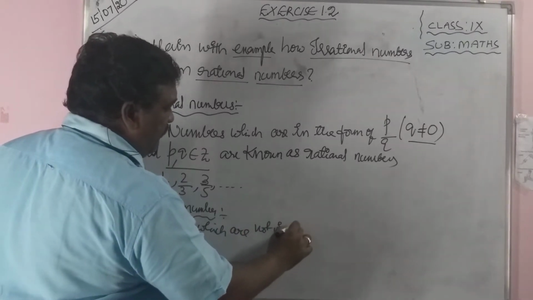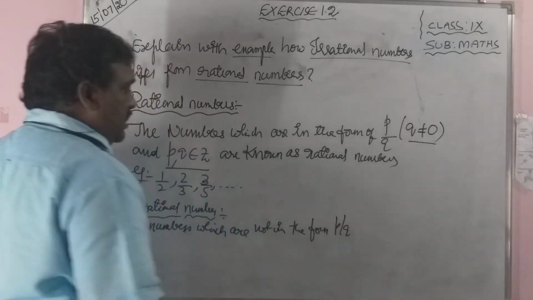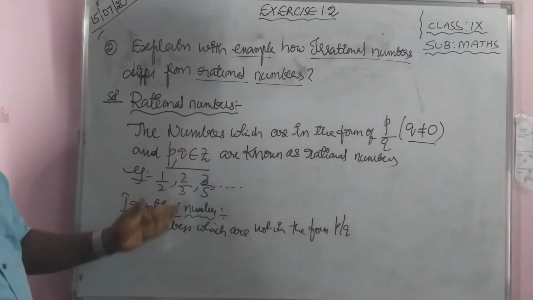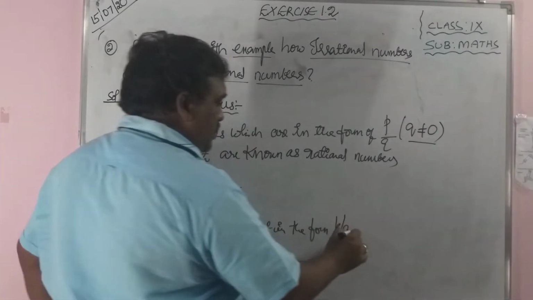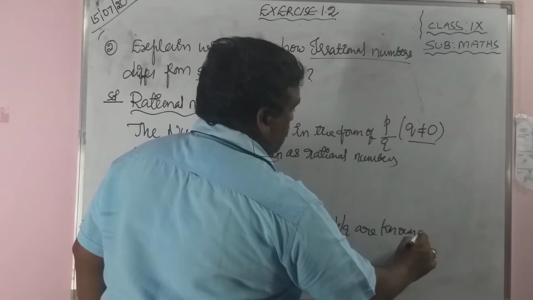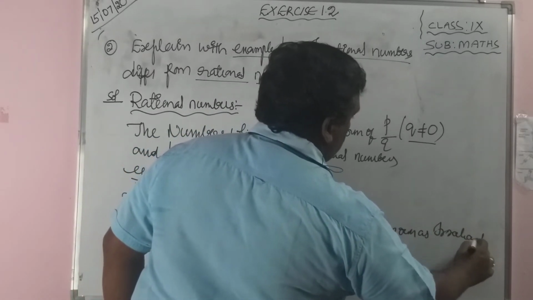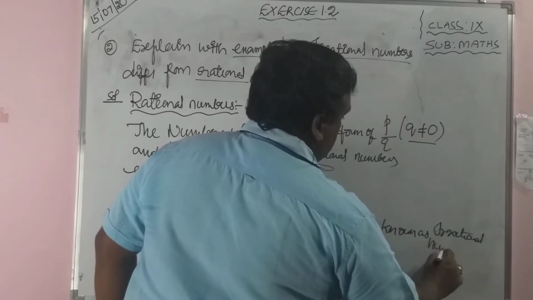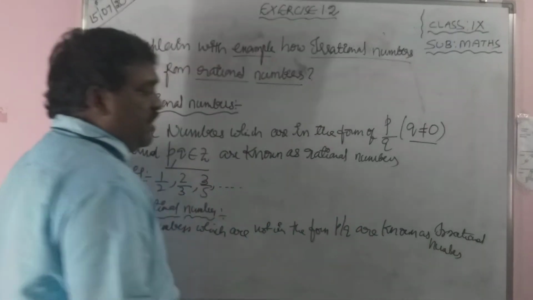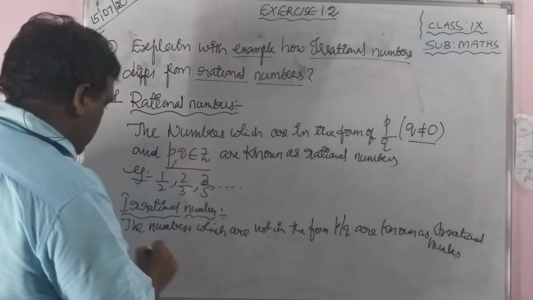The numbers which are not in the form of p by q are known as irrational numbers.